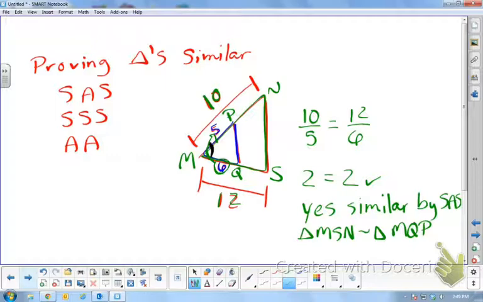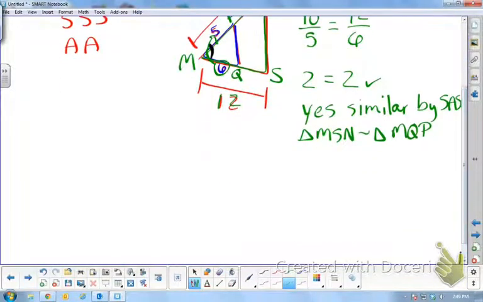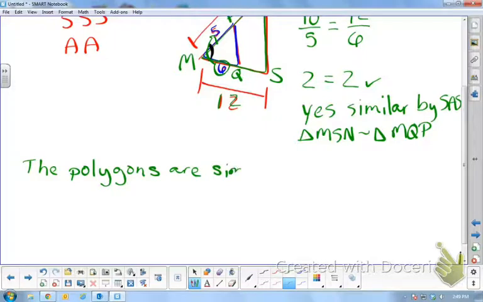Now if I tell you the shape is already similar, we just set up a proportion and solve. So if I tell you the shapes are already similar, and then I can either say find x or find the missing length.